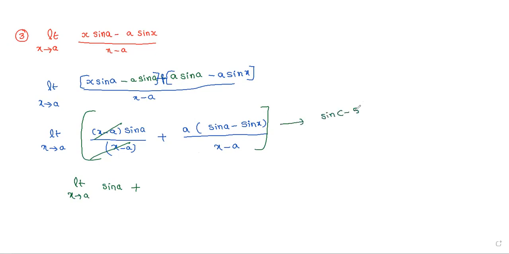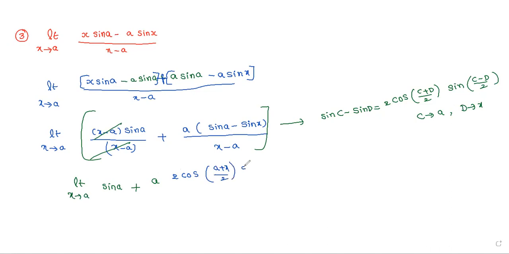Sin c minus sin d is 2 cos of (c plus d) by 2 into sin of (c minus d) by 2. C replace small a, d replace x. So a into 2 cos of (a plus x) by 2 sin of (a minus x) by 2, by x minus a.